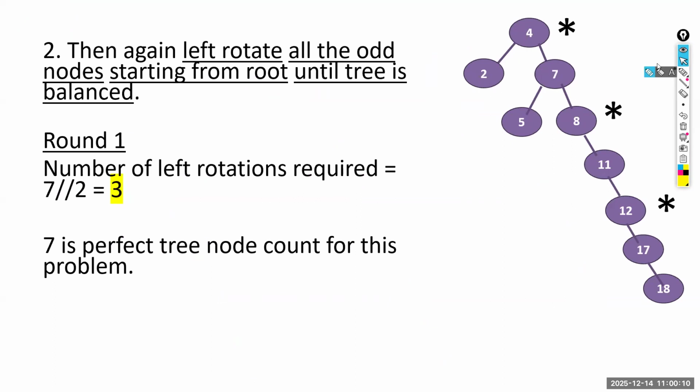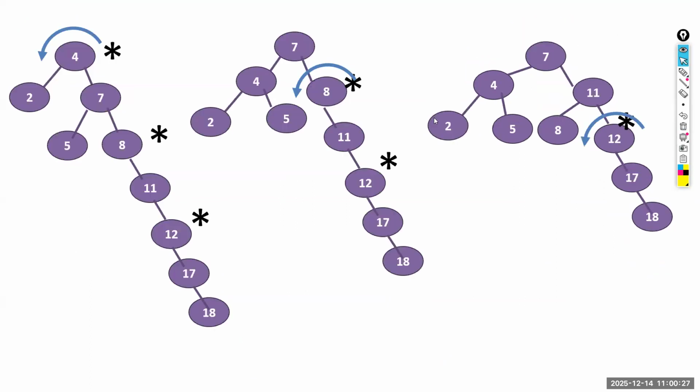So now you keep left rotating your new nodes until you get the balanced tree. Right, so let's first do the left rotation on 4. So 7 will go up, and the left child of 5 will be the right child of 4.